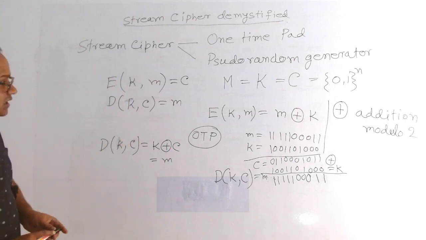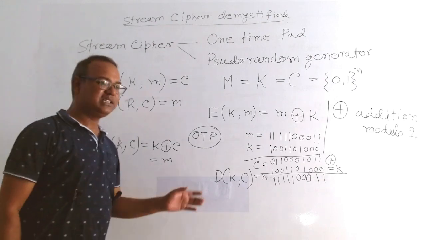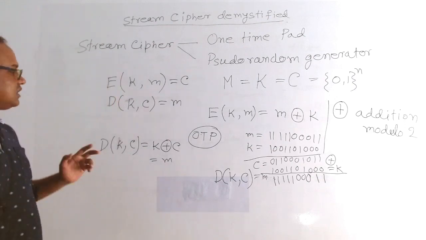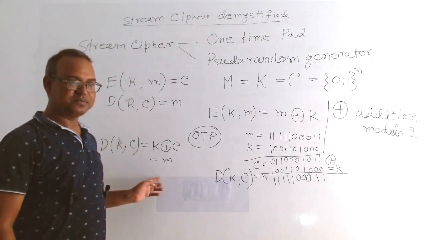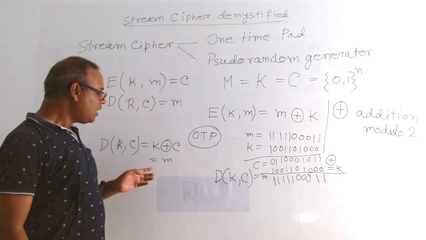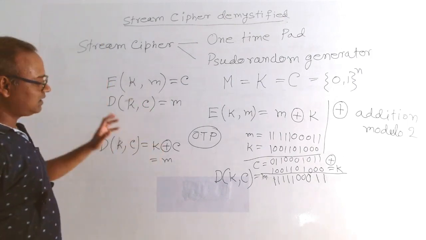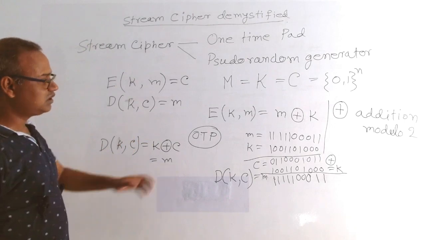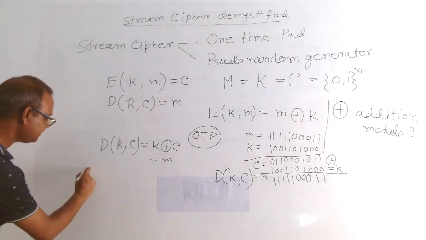Now is this secure? Okay, there are many theorems on OTP. The two most important theorems address whether OTP is secure or not. Okay, there is a definition of security with regard to OTP. That security definition is called perfect secrecy.